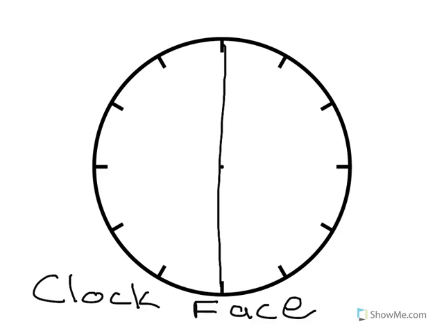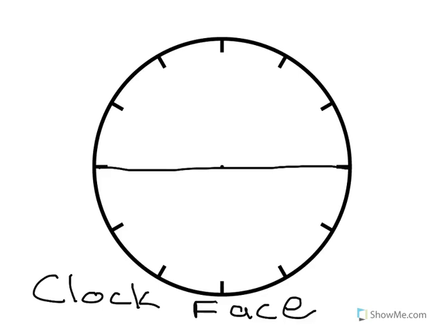But if you wanted to, you could divide it a different way. You could divide it this way, and then you still have two half circles. And this dot in the middle helps us anchor those dividing lines.